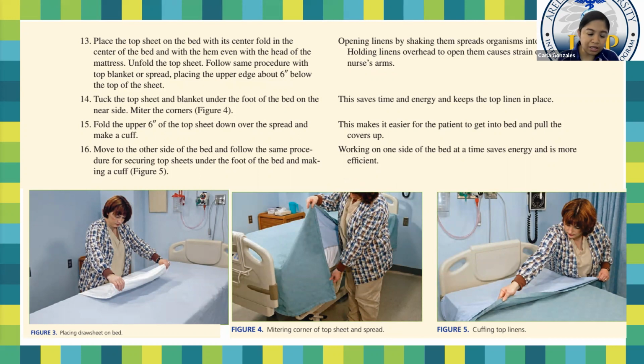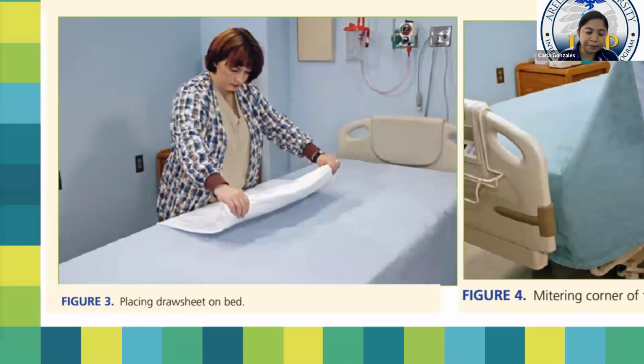And so this is what a draw sheet looks like. So the draw sheet is a smaller type of sheet that is usually placed just underneath the patient, so that if you need to, for example, reposition the patient, you need to pull the patient to the other side, you just need to pull the draw sheet. So you do not need to lift the patient to go to the left or the right side.